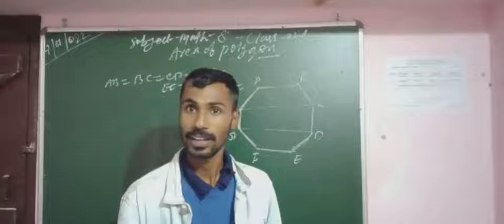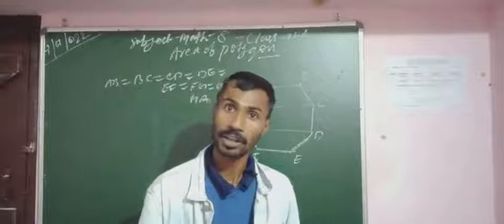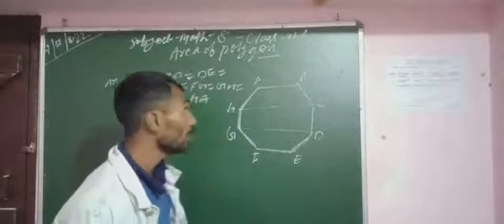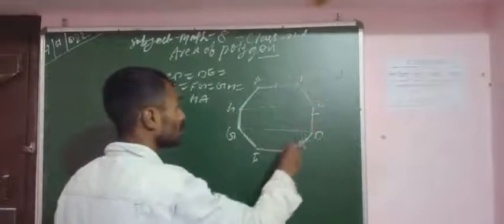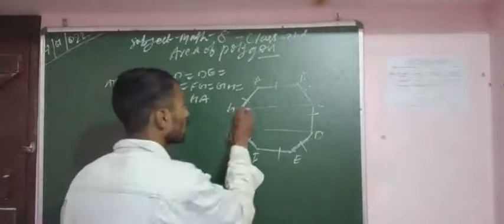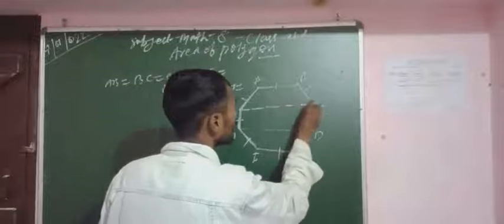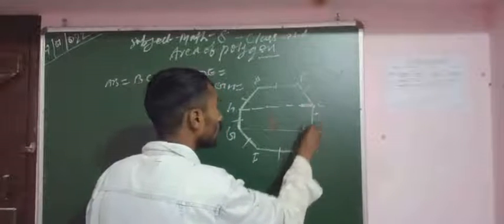It's a polygon, so what kind of polygon is this? It's a regular polygon. The definition of a regular polygon is that all sides are equal. Octagon means 8 sides, Oct means 8. So there are 8 sides, and all sides are equal to each other.